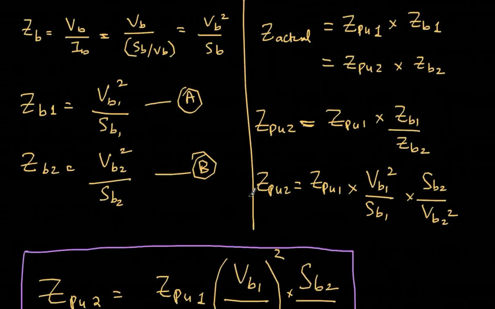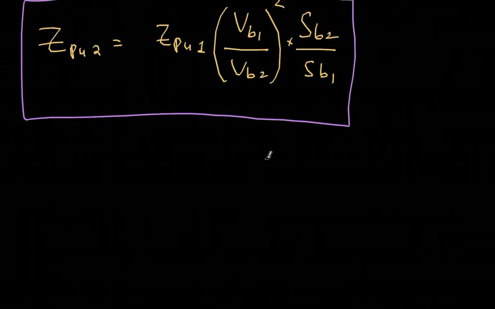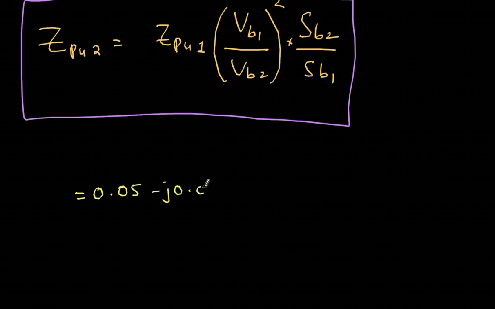So let's go up. What is ZPU2 here in this case? I need not do work on that. I can directly say ZPU2 equals ZPU1, which is 0.05 minus j0.03, and VB1 by VB2 whole square.